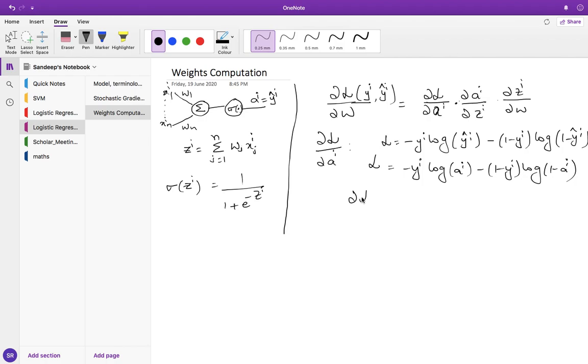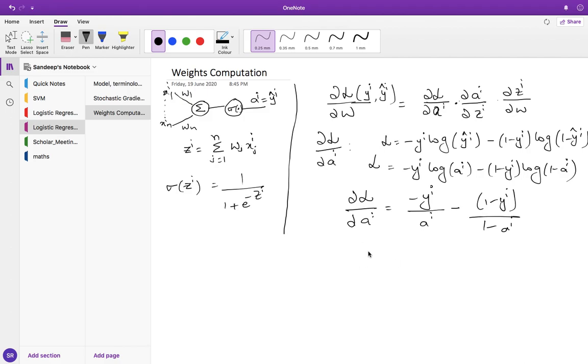Now let me compute dou L divided by dou ai, which would be minus yi times the differential of the logarithm, which is 1 by ai. I'm assuming it is a natural logarithm here. So minus yi by ai, minus 1 minus yi divided by 1 minus ai.